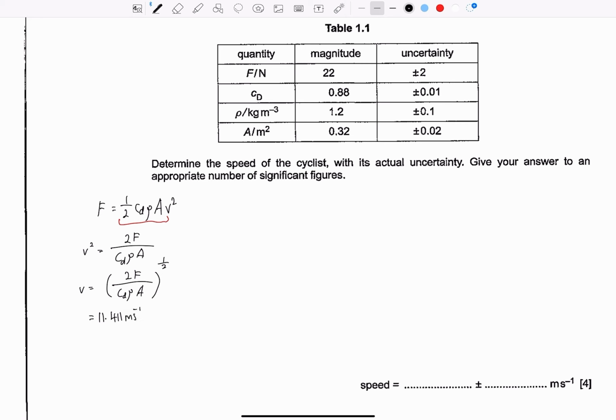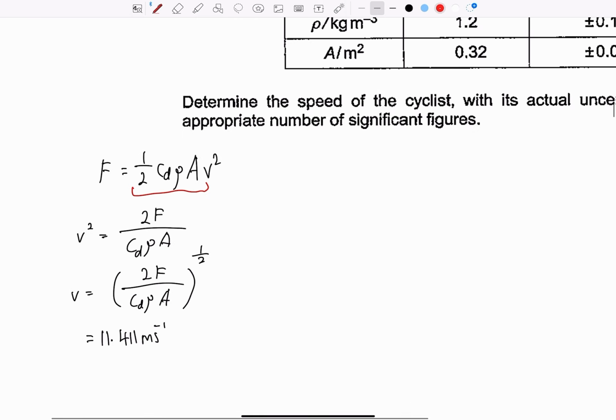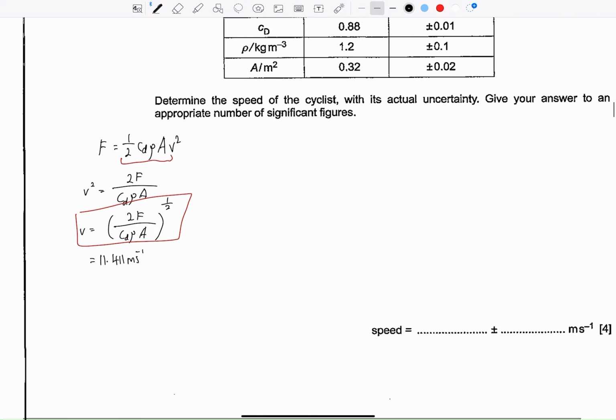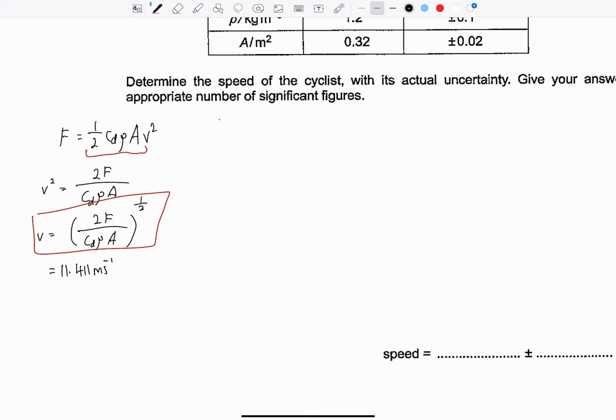Alright. Next, the tougher part that students tend to make mistakes on is finding the uncertainty. So how do you find the uncertainty? We have this expression here, and we'll be using this to find the uncertainty. We'll start off by writing this.